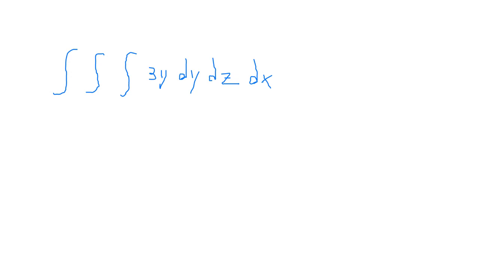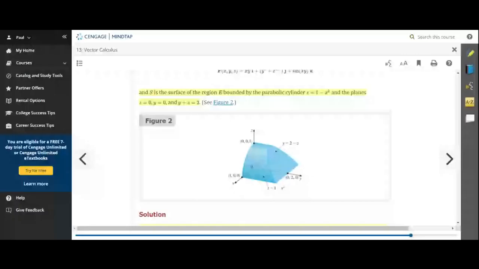Okay, and then going back to the solid here, let me write it down too. Just take a few moments to try to figure out your limits, if you're going to do dy dz dx. Let me give you a few moments to think about what those limits are, and then we'll talk about the solution, okay?